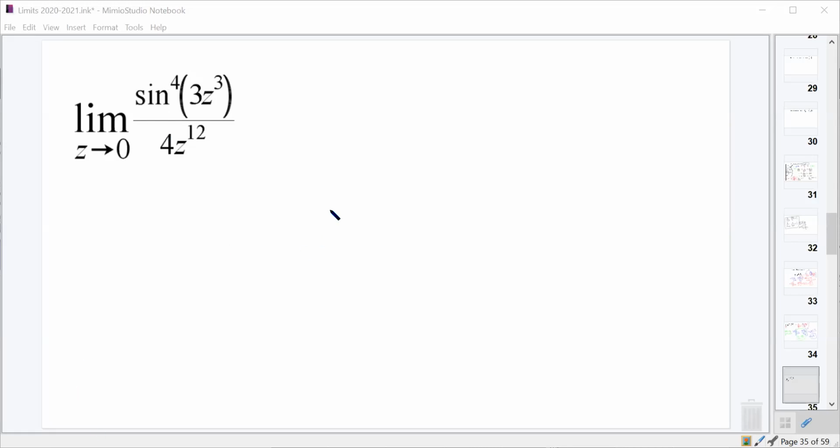Anybody have a good idea on this one? Let's start with what we kind of did before, with the whole bring out a power thing. Okay, so what power are you going to bring out? Fourth power. Okay, so we're going to use a fourth power here. So let's write this by pulling a fourth power out. But I have a 4 down here.